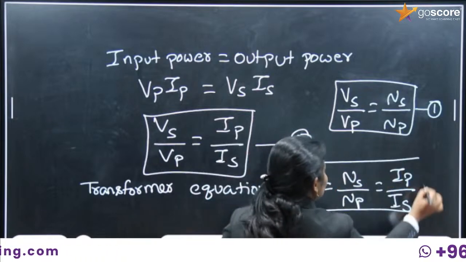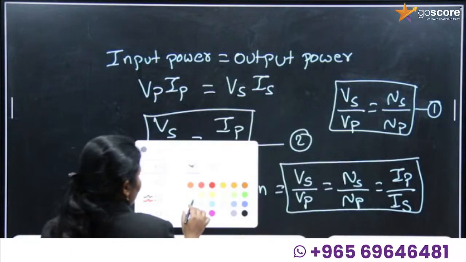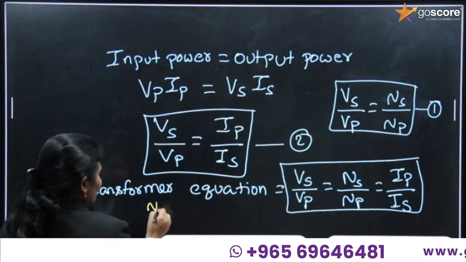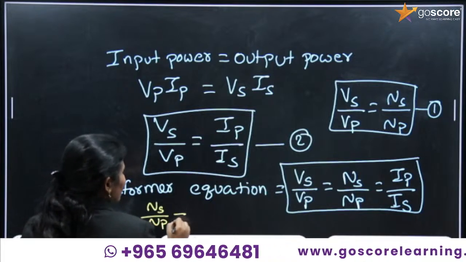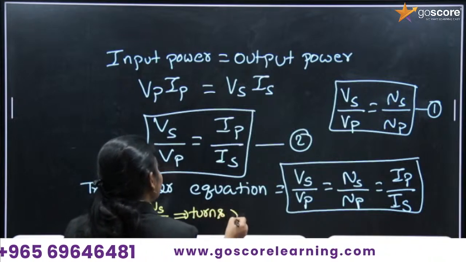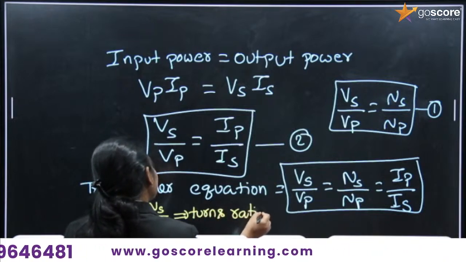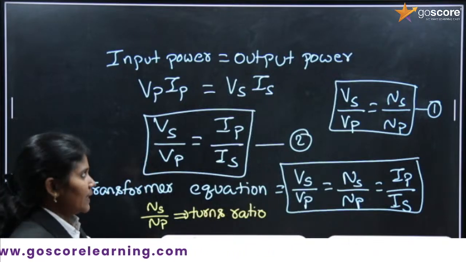This is the transformer equation. NS by NP we call the ratio.